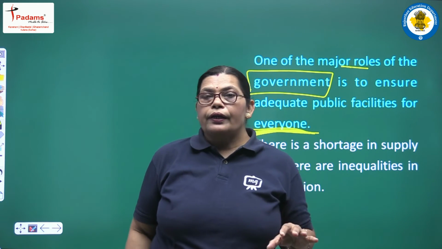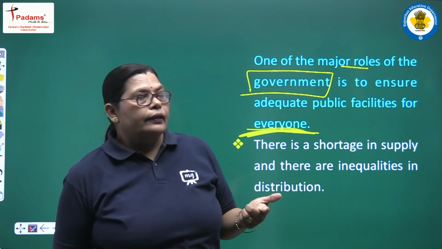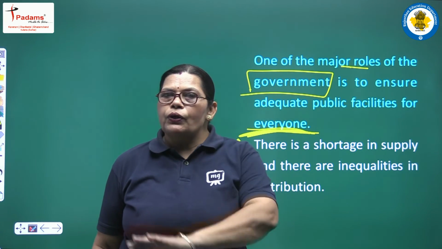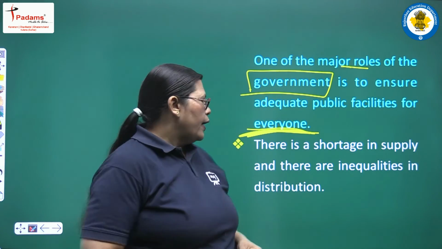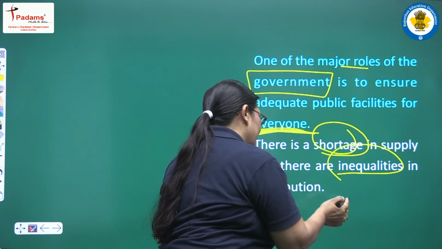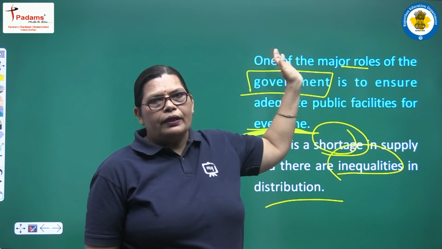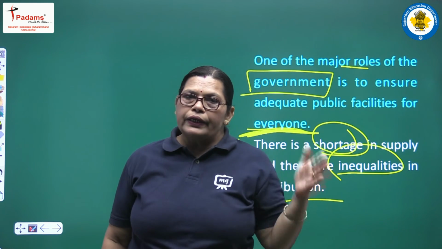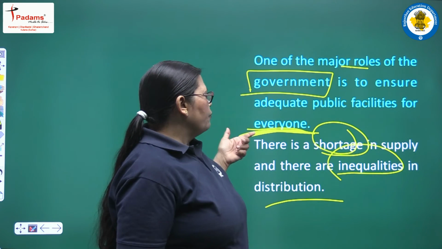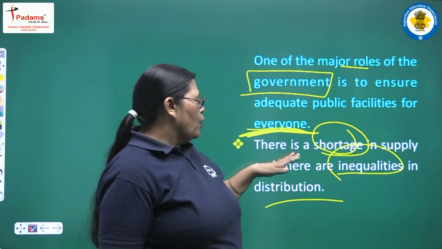Under the constitution, the right to life act, the government also wants all the proper public facilities to be given to everyone, and there is a shortage in supply and there are inequalities in distribution. It's okay, this is the government's duty and the government is bearing its duty, but what are the conditions? What's in reality? In reality, a totally different position is there, a shortage of water supply is there.